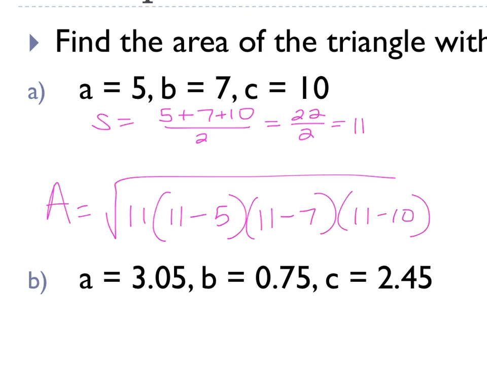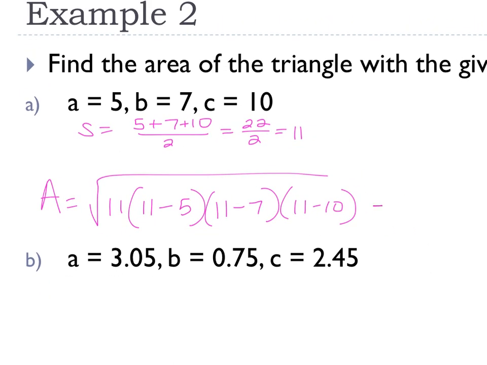So you can simplify it and then plug it in your calculator, or you can let your calculator do the entire thing. I would square root it: 11, parentheses, 11 minus 5, close the parentheses, open the parentheses, 11 minus 7, close the parentheses, open the parentheses, 11 minus 10, close the parentheses, and I get 16.25, sorry.